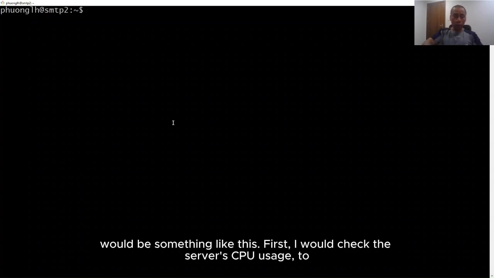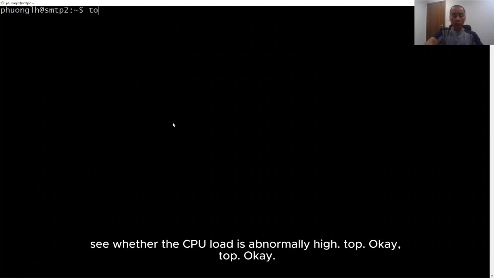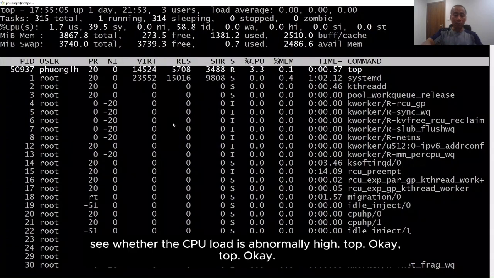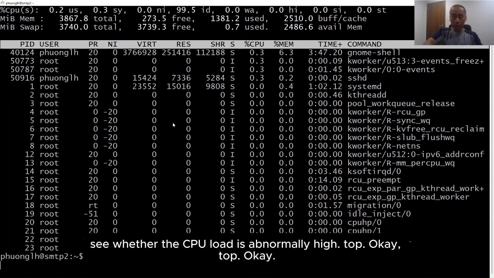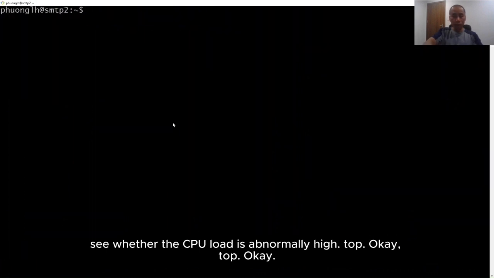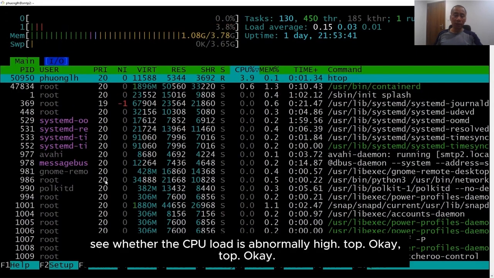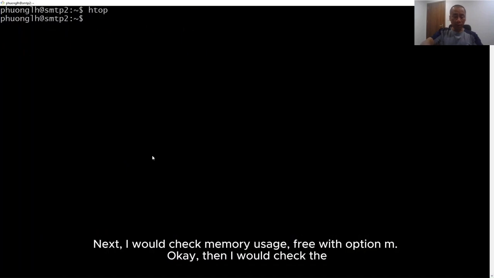First, I would check the server's CPU usage to see whether the CPU load is abnormally high. top, or htop. Next, I would check memory usage. free with option -m.